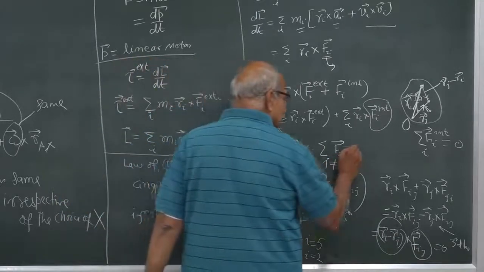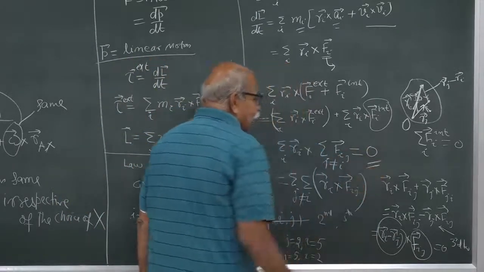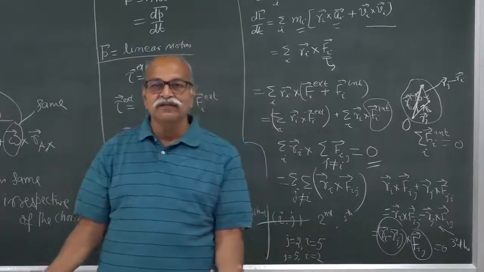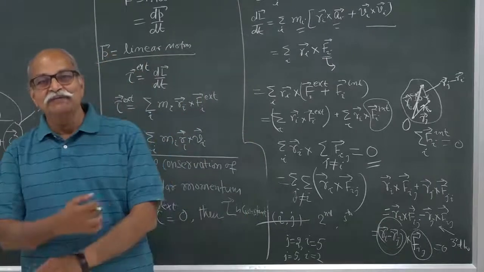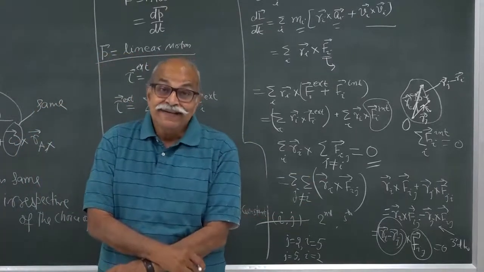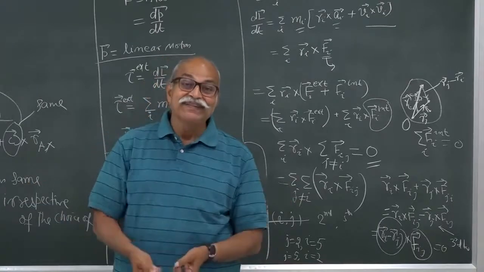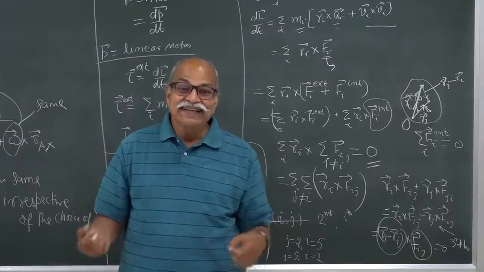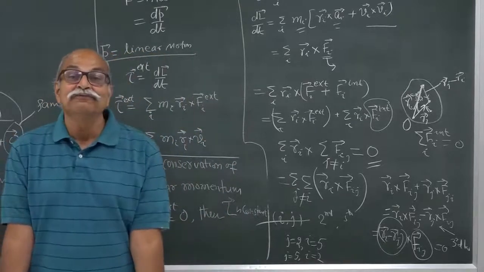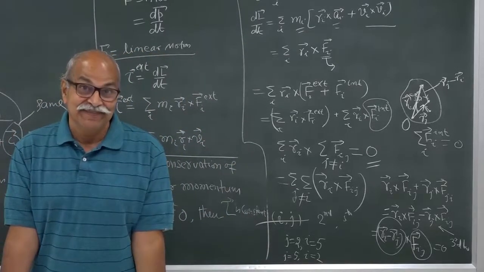So this is equal to 0 with the condition that the forces by particles on each other are equal in magnitude, opposite in direction, and act along the line joining the two particles. This is sometimes called the strong form of Newton's third law.